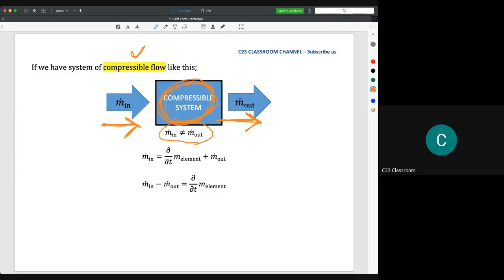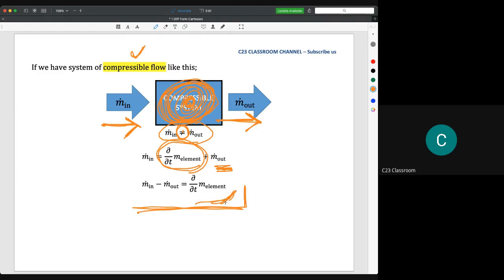So we could again say that why it's not equal here, because there are changes in system inside this tank. So the changes can be written as del m over del t plus mass flow rate at outlet here. And then again, we could write as mass flow rate at inlet minus mass flow rate at outlet is equal to del m over del t.